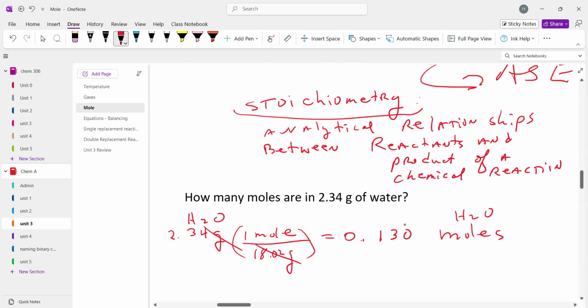Okay, so stoichiometry is an analytical relationship between reactants and products of a chemical reaction. So this is the front end of that, the very front end of that.